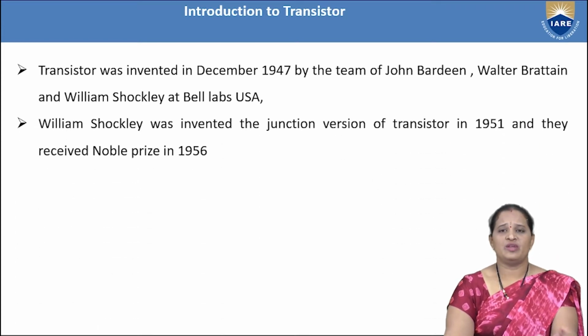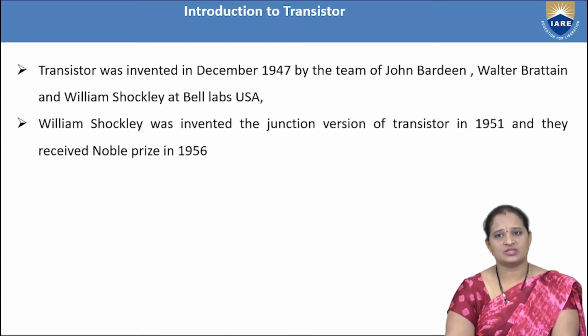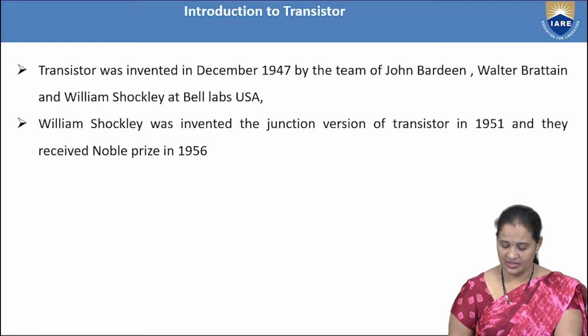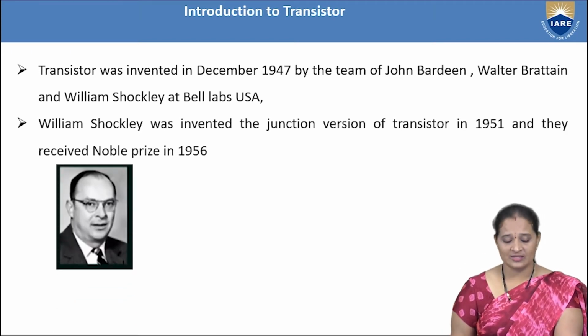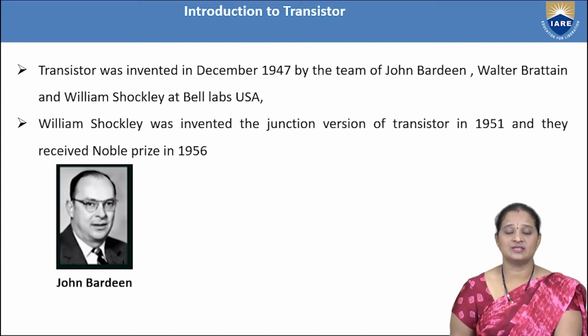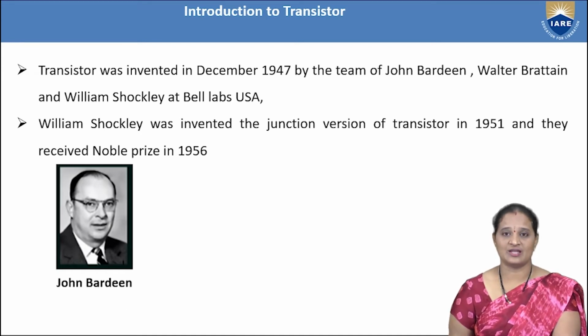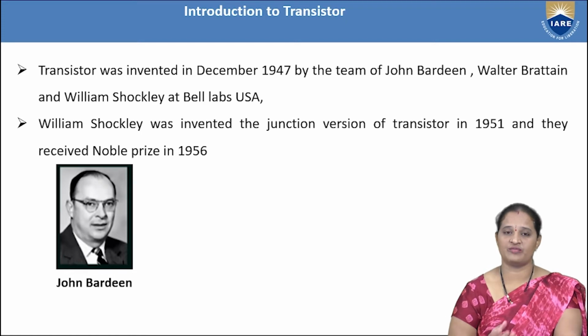William Shockley invented the junction version of the transistor in the year 1951, and they received a Nobel Prize in the year 1956 for their invention. That is one of the members of the team who invented the transistor.